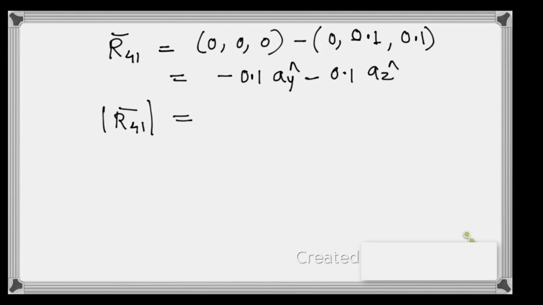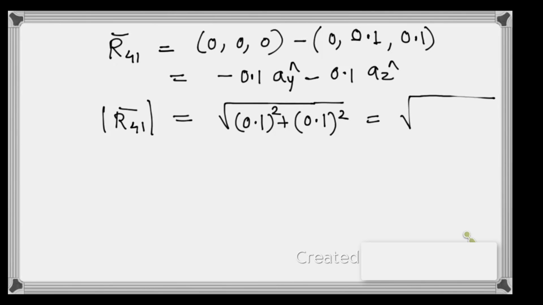Now this magnitude is somewhat different. See here, the magnitude of R41 is square root of 0.1 square plus 0.1 square, so 0.01 plus 0.01, it is 0.02, square root of 0.02. We can keep it as it is.